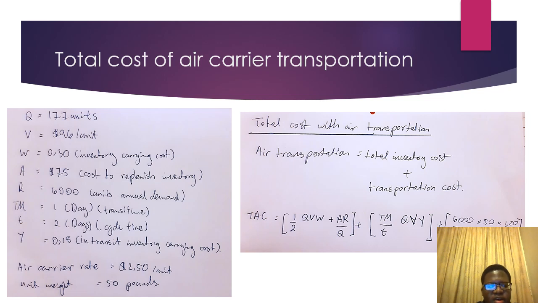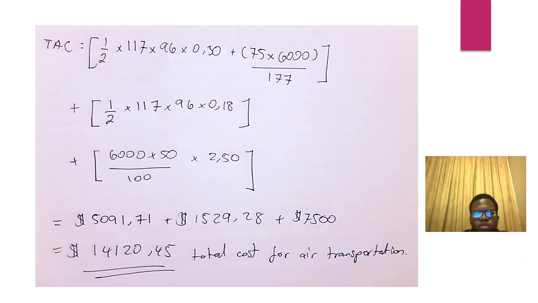For air transportation carrier costs, it's the same, except our transit time is now 1 day, our cycle time is 2 days, and our air carrier rate is $2.50, but everything else is the same. So the first half, obviously, of our annual cost for specific order quantity, when we plug in our figures, we get $5,091.71.